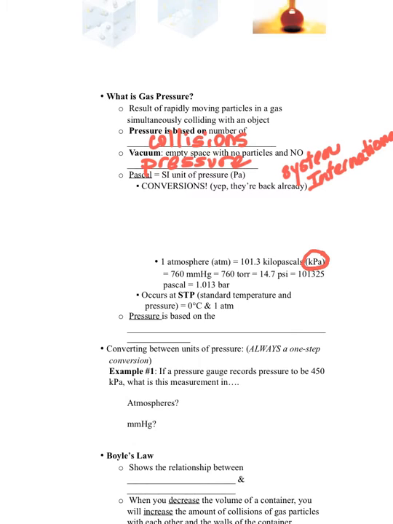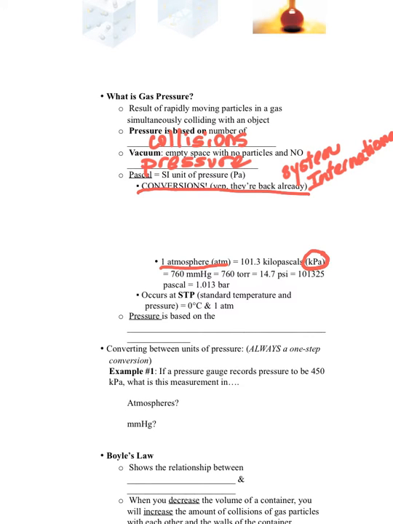We have lots of pressure units, so you have to get used to those really fast. Hopefully we're going to get to that here, and then you're going to review those again on Friday. So here we go. One that you're going to hear a lot is called the atmosphere. Oh, and by the way, it says here conversions. Yep, they're back already.